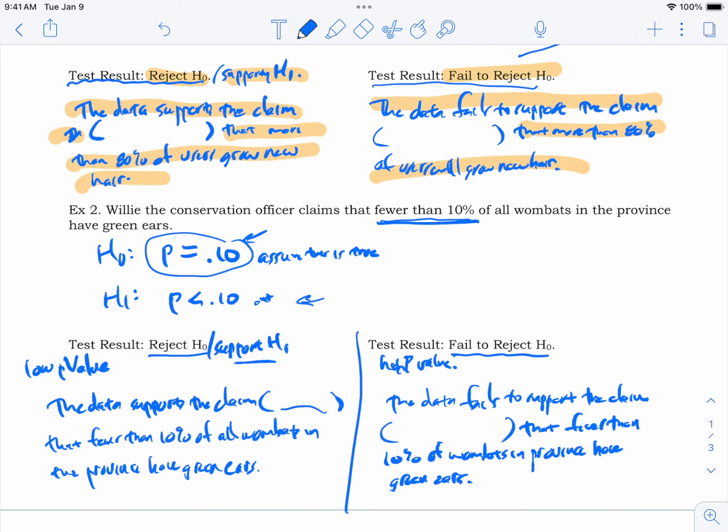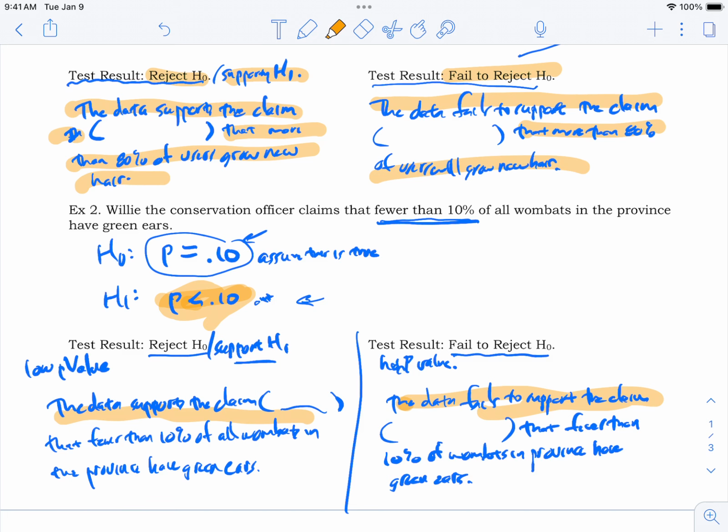It ain't easy having green ears, that's what they say. Okay, so the purpose is to get used to this language. Data supports the claim, this claim. The data fails to support the claim, this claim.